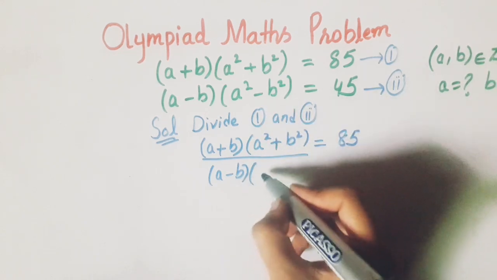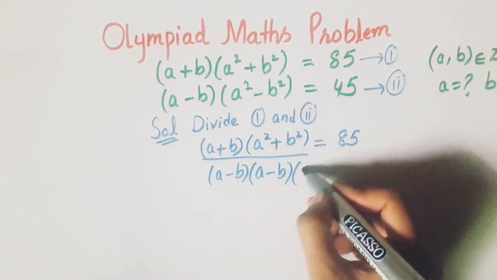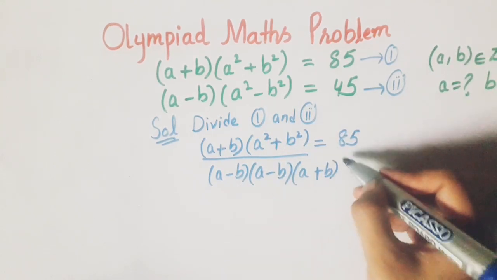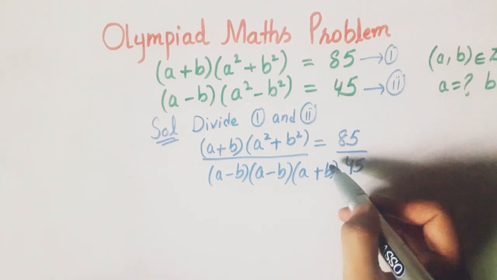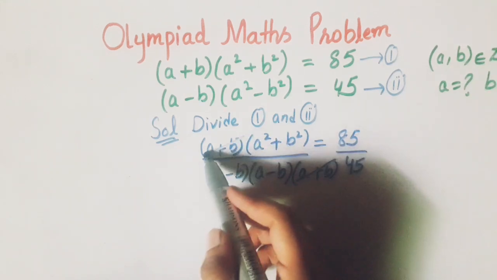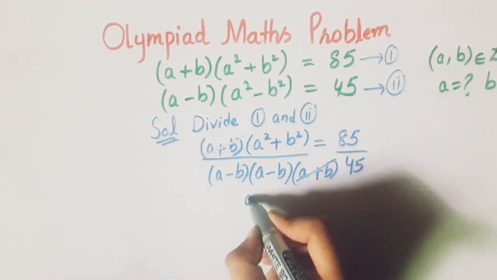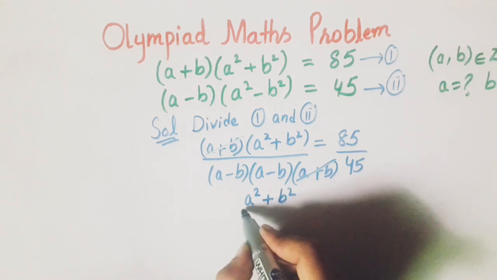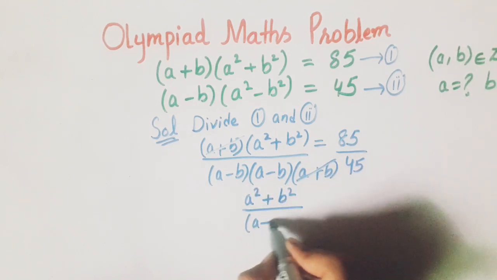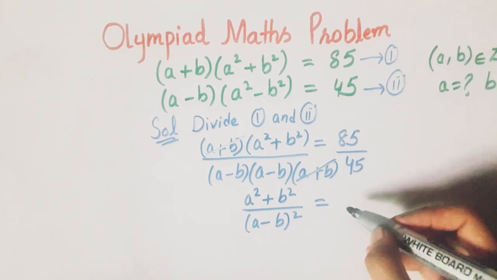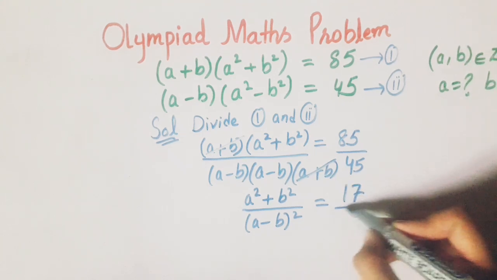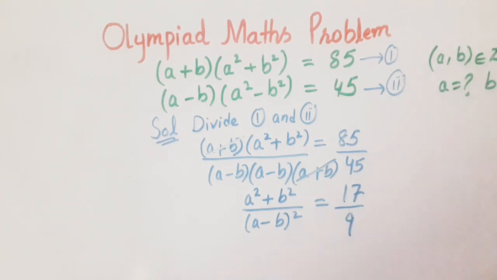A square minus b square means (a minus b) into (a plus b), and this is divided by 45. Now in the next step, a plus b is cancelled out by a plus b, and we get (a square plus b square) divided by (a minus b) whole square, and when we divide 85 by 45, we will get 17 by 9. Now we will do the cross multiplication to simplify.